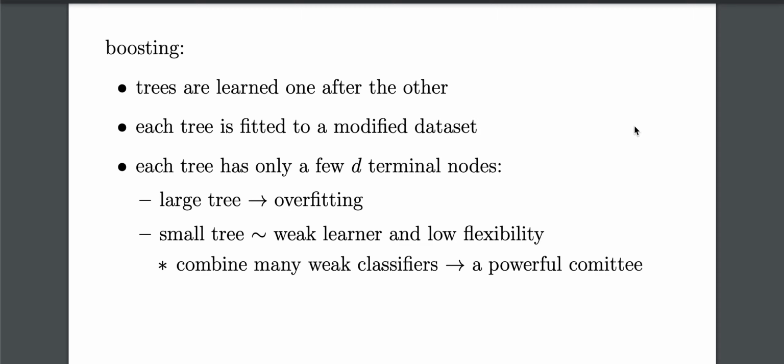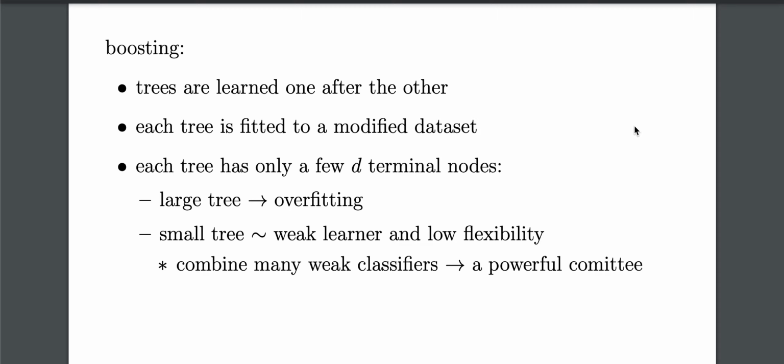Now boosting is similar to bagging in that it combines many trees. But the difference with bagging or random forest is that in bagging and random forest, we're fitting trees to independently sampled bootstrap data sets.